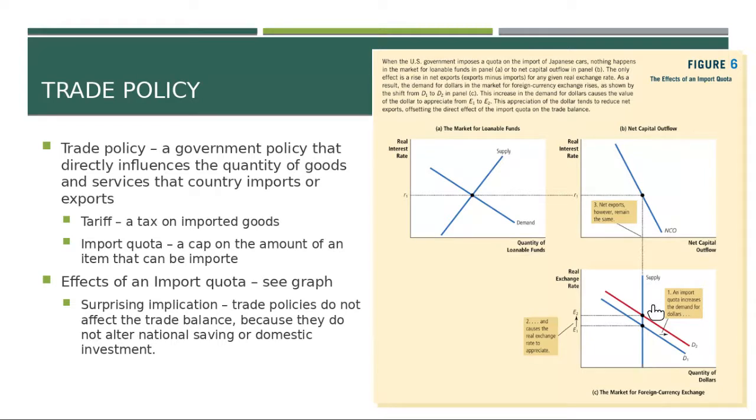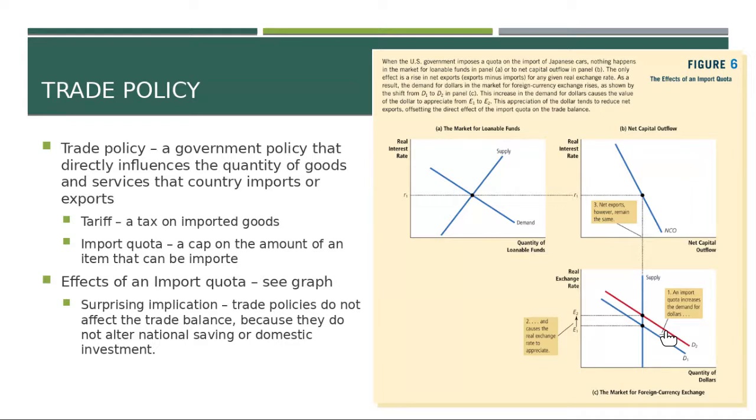So with supply fixed in the foreign exchange market, if we introduce something like an import quota, something which is intentionally meant to drive up the net export balance, we find that ultimately this leads to an increase in the demand for dollars because again there's a reduction in imports, meaning that there are not as many individuals trying to convert their cash back into another kind of currency.